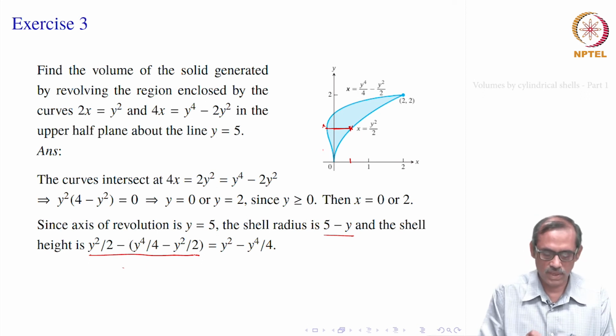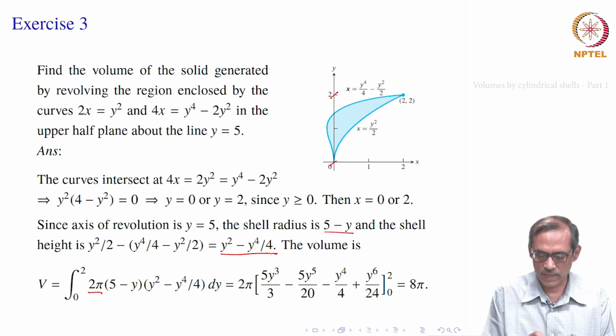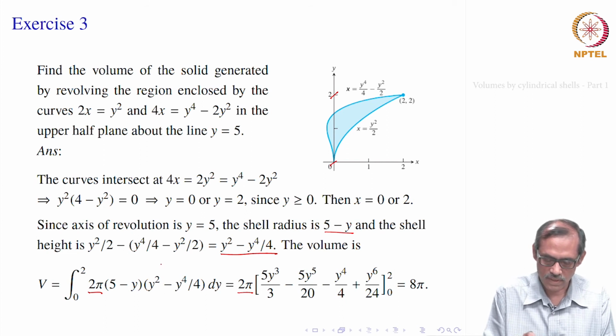Then our volume is the integral from 0 to 2, y varies from 0 to 2, of 2 pi times the cell radius, which is 5 minus y, and the cell height, which is y square minus y fourth by 4, dy. So, we multiply out, 2 pi goes out, and 5 minus y with y square minus y fourth by 4 gives 5 y square, then minus 5 by 4 y fourth, minus y cubed and plus y fifth by 4.